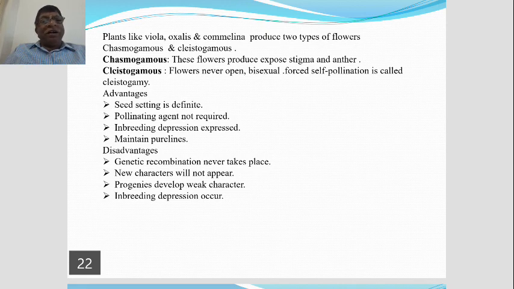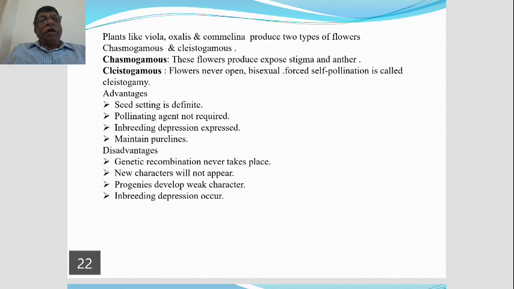Here, the stigma and anther are exposed. Cleistogamous flowers: just observe at the base of the Commelina. The flowers appear like buds. These cleistogamous flowers never open. They are bisexual.